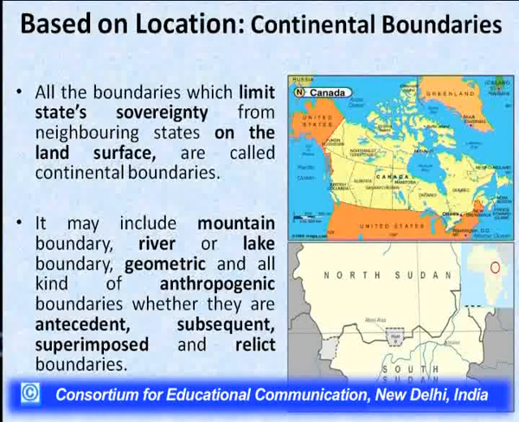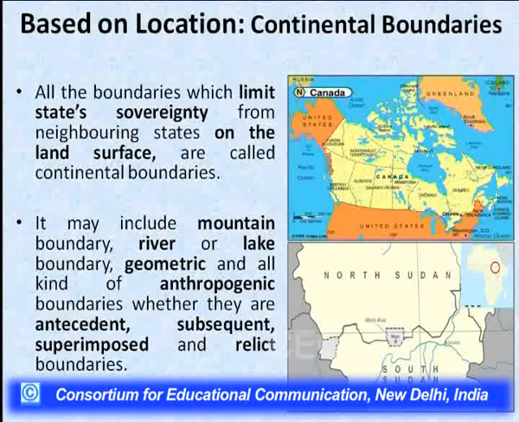Boundaries are also classified based upon the locations. The first one is the continental boundary and the next one is the maritime boundary. The continental boundaries are all those boundaries which limit a state's sovereignty from different adjoining states on the land surface. They may include different kinds of physical features: a mountainous region, a river, or a lake.